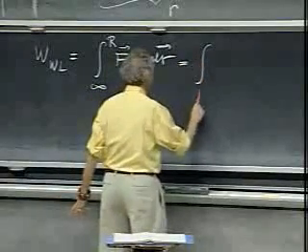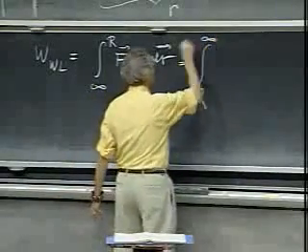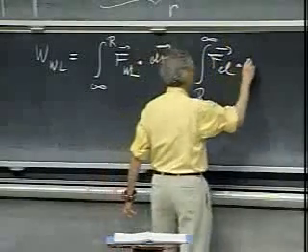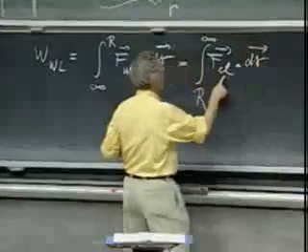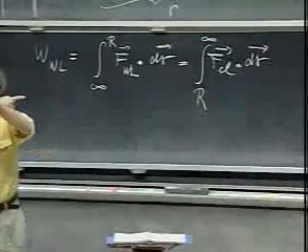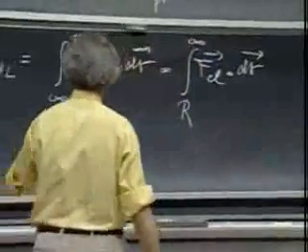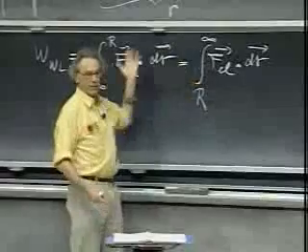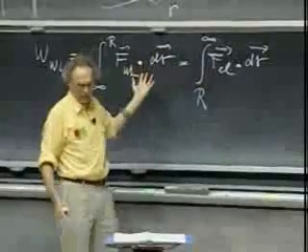Either one is fine. To take the electric force in going from r to infinity dot dr. Because the electric force and Walter Lewin's force are the same in magnitude, but opposite direction. And so by flipping over, going from r to infinity, this is one and the same thing.